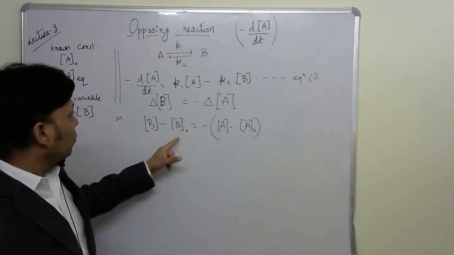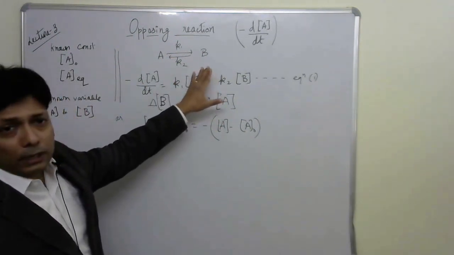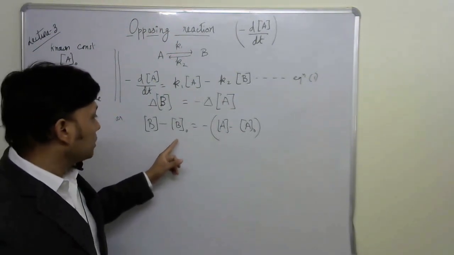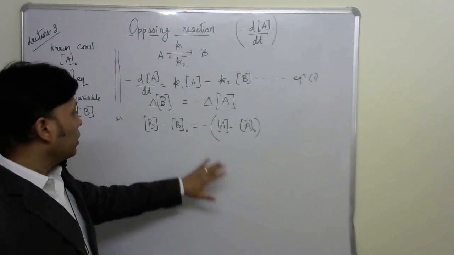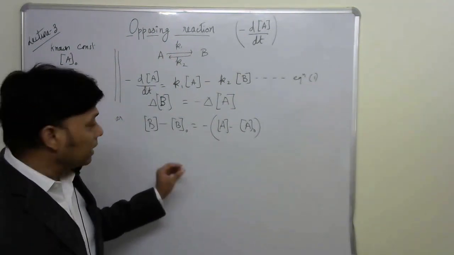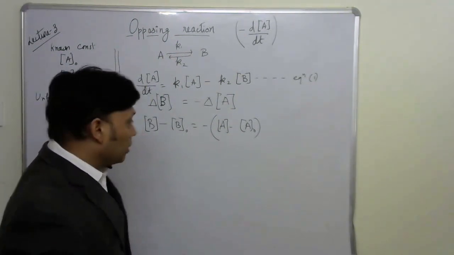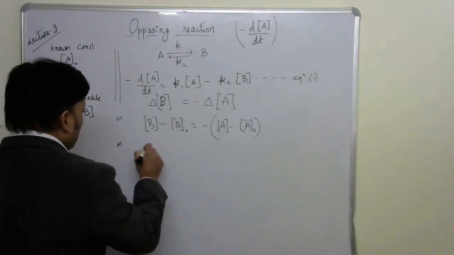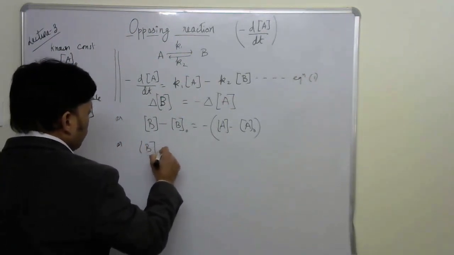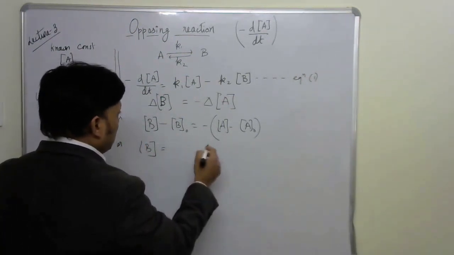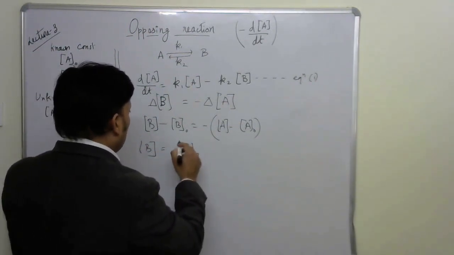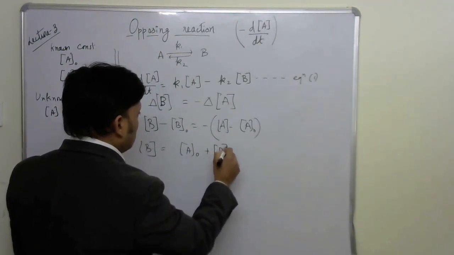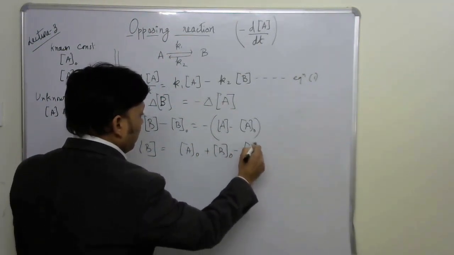And remember, here we did not say anything about B naught. So this B naught may be 0, may be non-zero, but at this point we are not bothering about B naught. So let's take it as some arbitrary value. So here we can express the concentration of B like A naught plus B naught minus A.